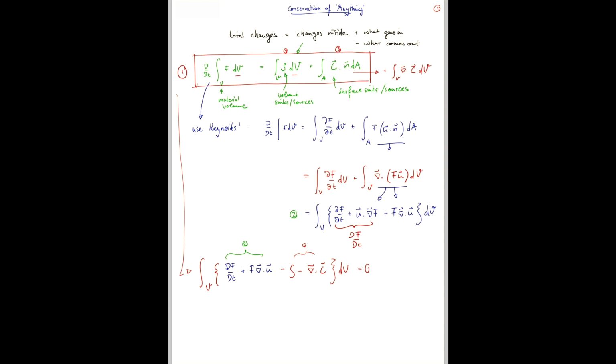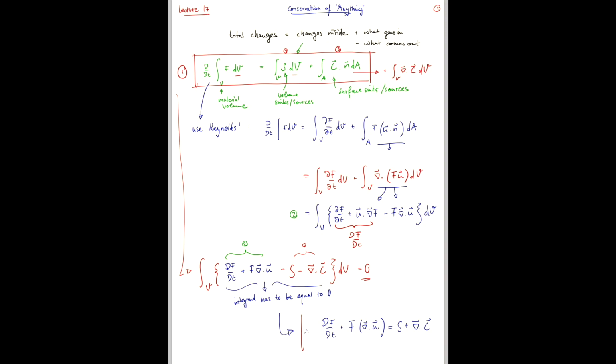And for an integral over a finite volume V to be 0 for all cases, the integrand itself has to be 0. And that is how we get to our differential form. Integrand has to be 0. So we can write Df/Dt plus f divergence of u equals S plus divergence of C, where the right-hand terms are our sinks and sources, and the left-hand term is the change in f.